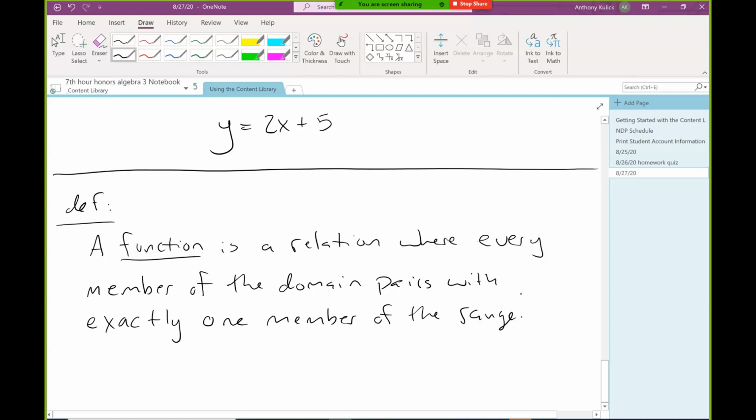A function is a relation where every member of the domain pairs with exactly one member of the range.